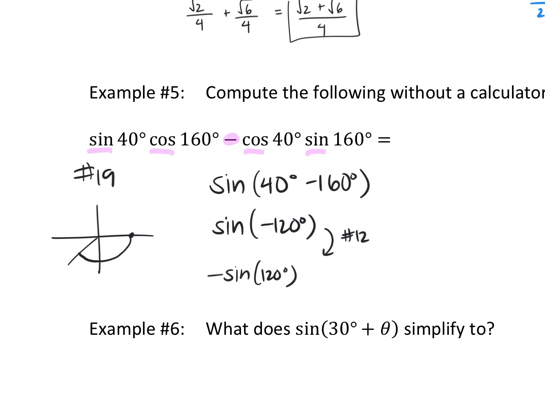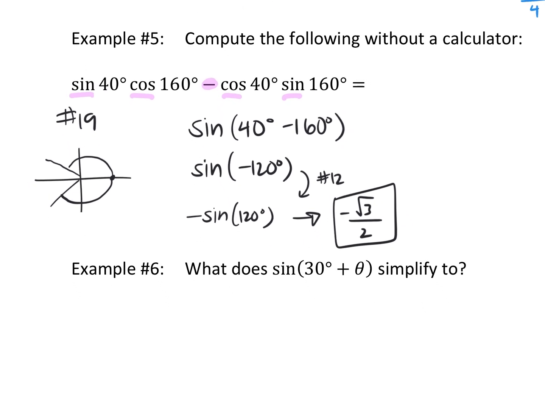So then I could just figure out what the sine of 120 degrees is and then make it negative. Either way you want to do it is fine. But what is the sine value at 120? Square root of 3 over 2, which means this is negative square root of 3 over 2.